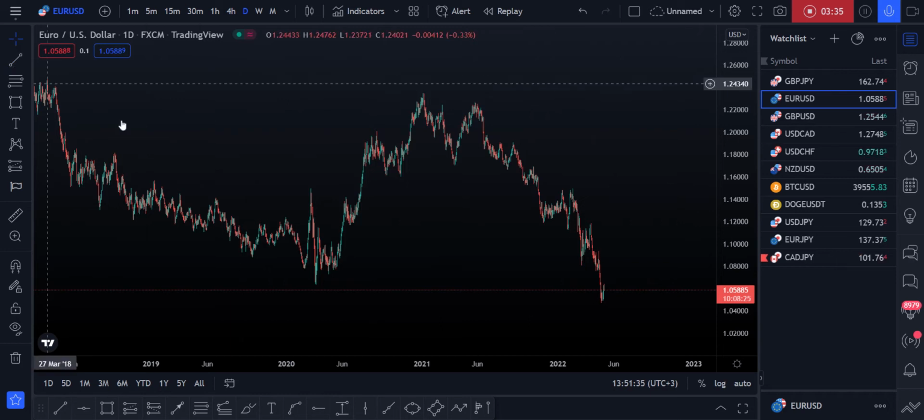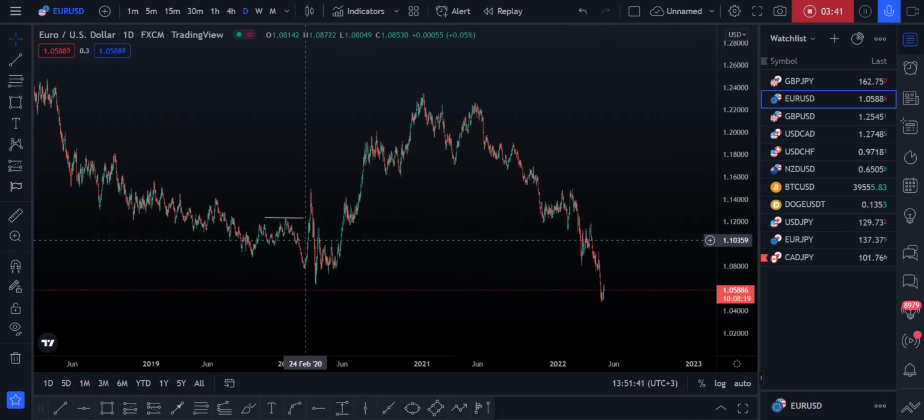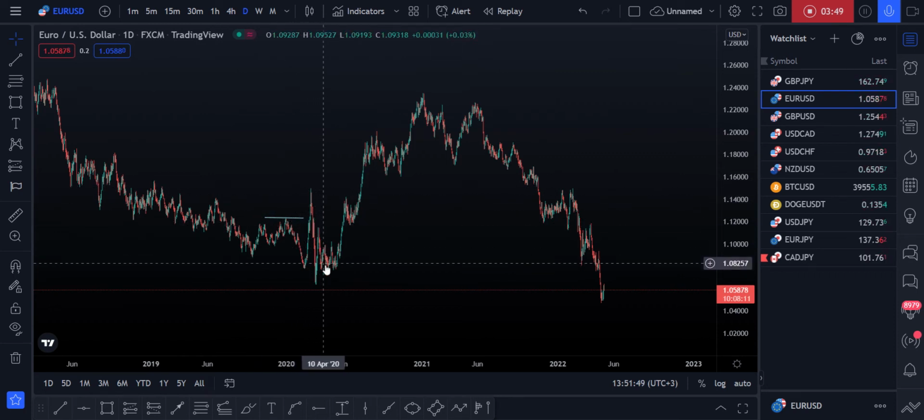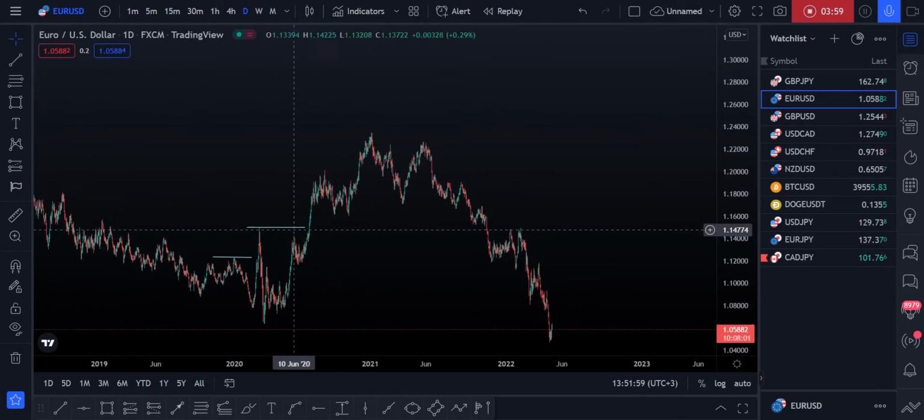Where the shift of structure happened was the break of this high. This big violation changed the structure of this market, and we came back, consolidated here, and took out this high. As soon as we took out this high again, this confirmed a change in trend, sorry.